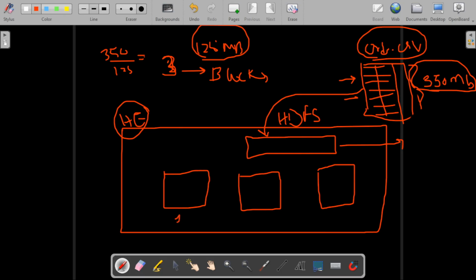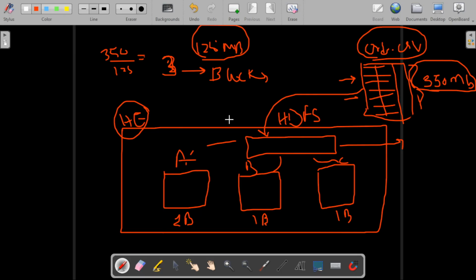So one block goes to worker A, one to worker B, and one to worker C. The file is split into 128 MB each, and these are assigned to the available workers. So that's how the sharing of the input data happens in the Hadoop ecosystem.